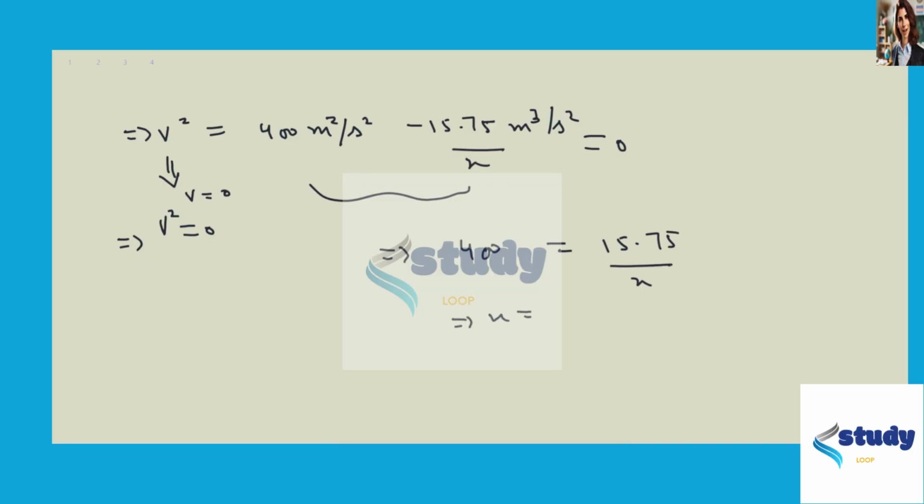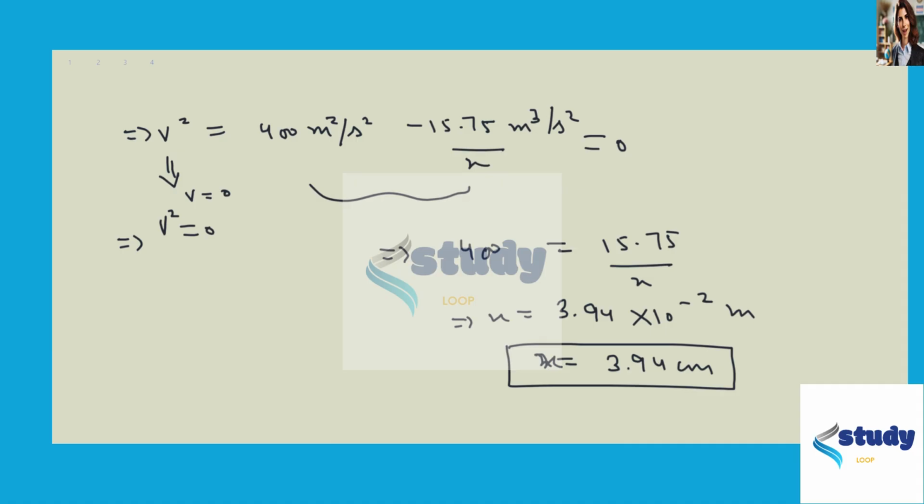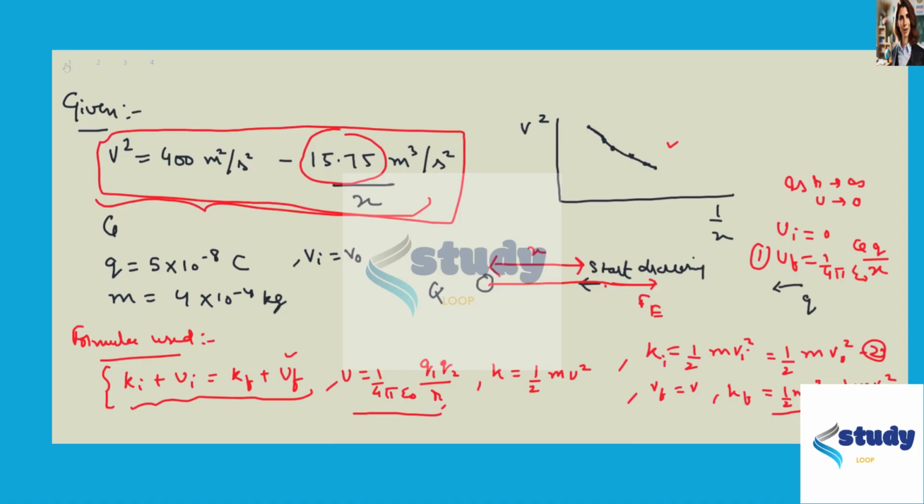So your x is 3.94 times 10 raised to power minus 2 meter, or x equals 3.94 centimeter. So that's your answer for the closest approach, which means that the smallest distance between q and capital Q is 3.94 centimeter.